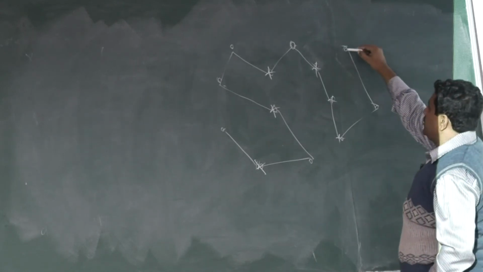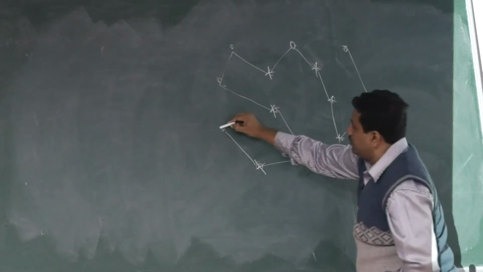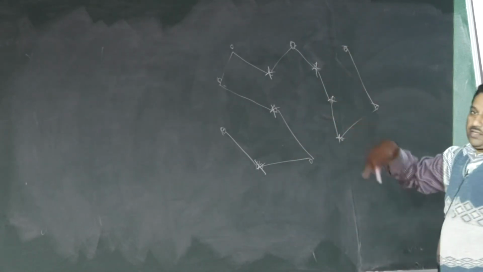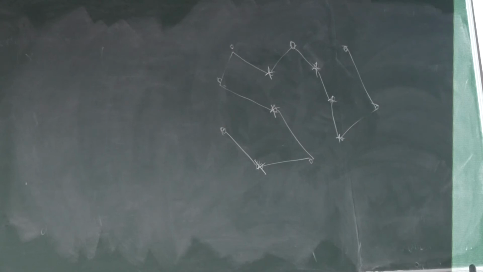Starting from one vertex, I am visiting each vertex only once, and no edge is being repeated. I want a graph like this. But here also several paths are there.